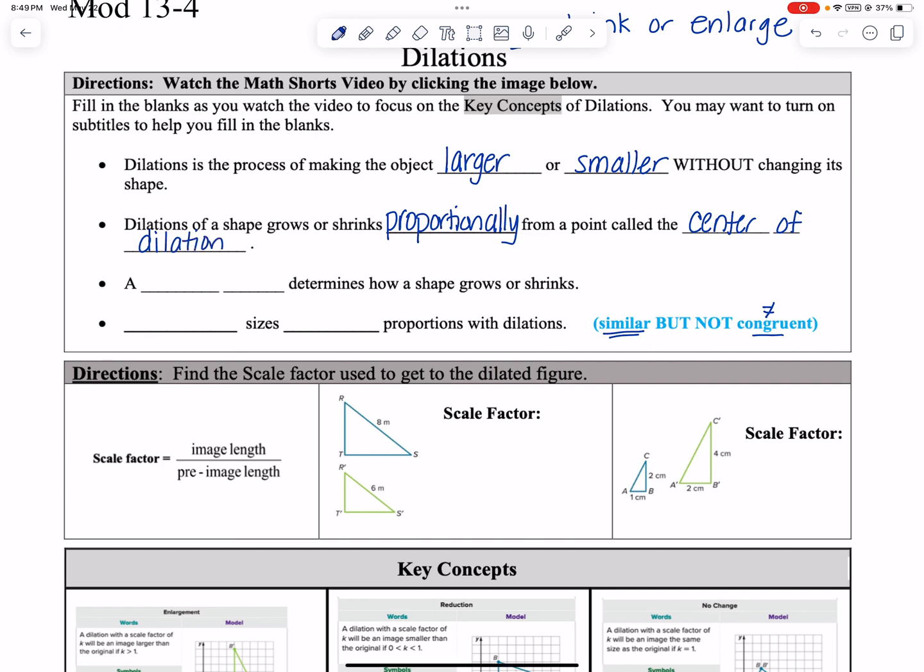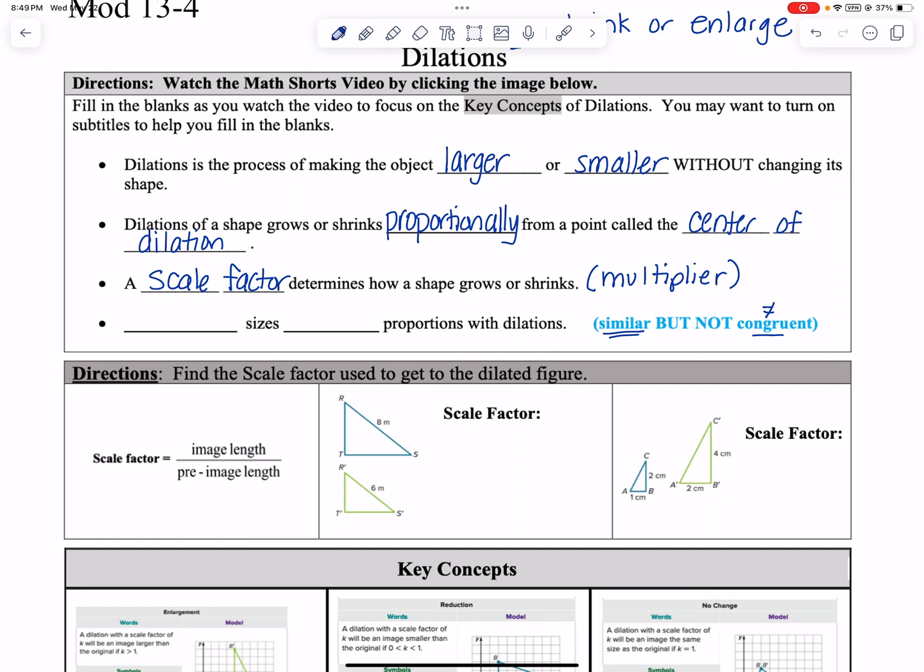All right, what determines the amount that something grows or shrinks? We'll put in parentheses here the multiplier. What do we call the multiplier? That is our scale factor. And we know all about that.